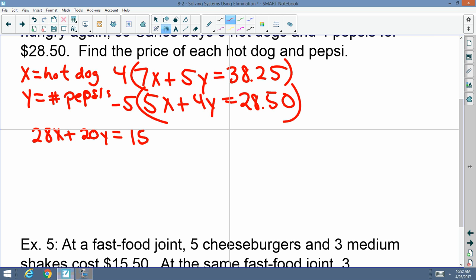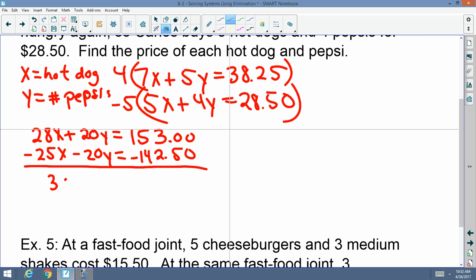And again, if I give you a question like this, you will be able to use a calculator. I'm not here to hurt you. Negative 25x minus 20y equals 28.50 times negative 5, would be negative 142.50.